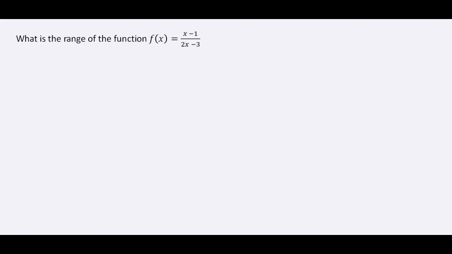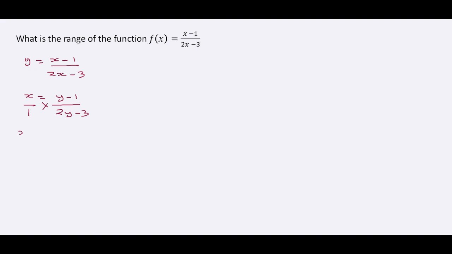So we're going to look for the inverse of the function f of x equal to x minus 1 over 2x minus 3. So let's start with y equal to x minus 1 over 2x minus 3. So x equal to y minus 1 over 2y minus 3. We're going to cross multiply here.